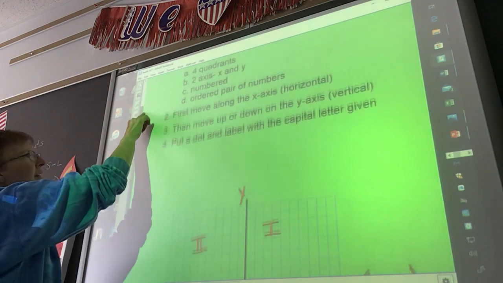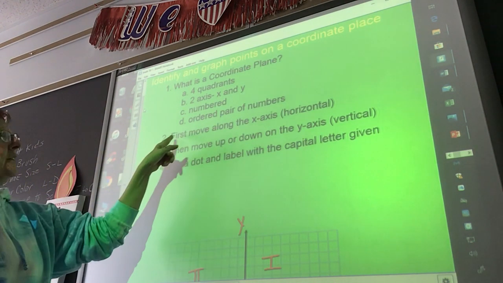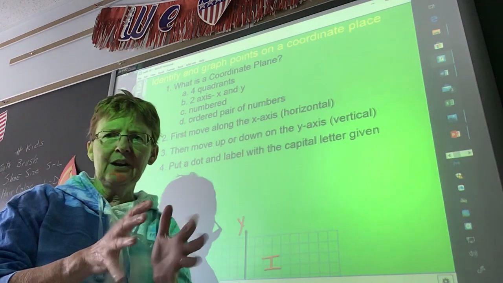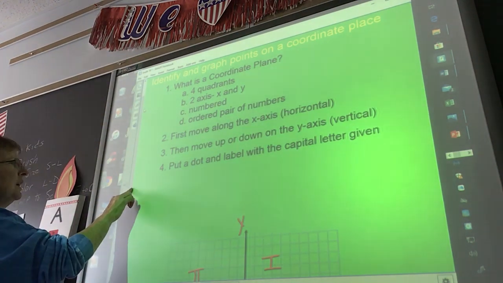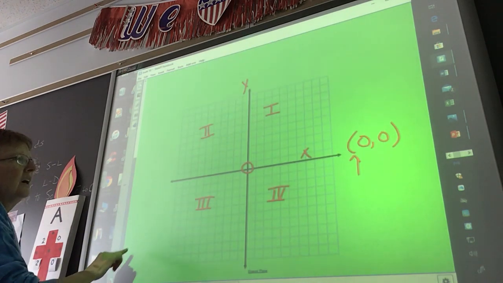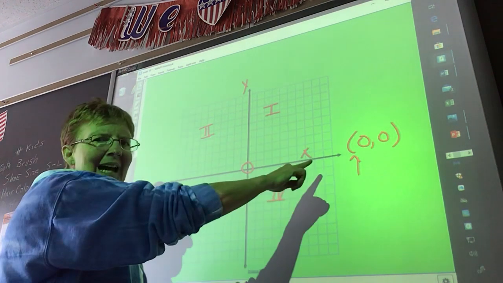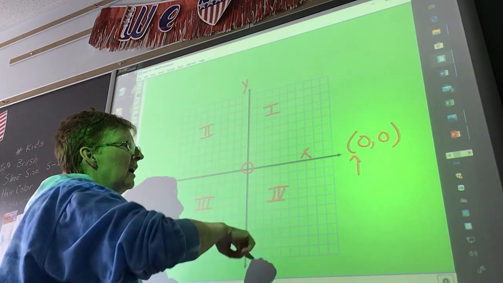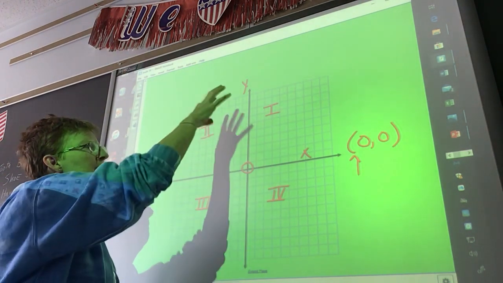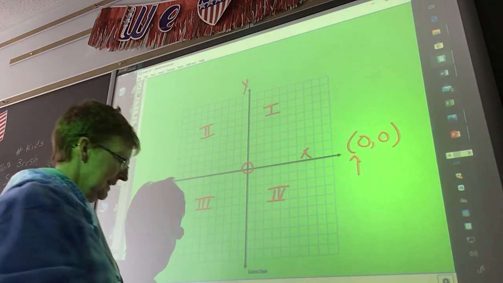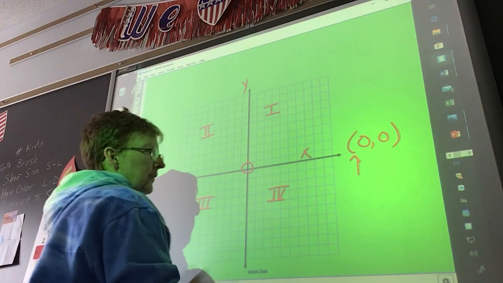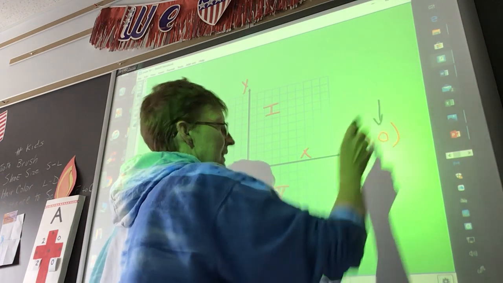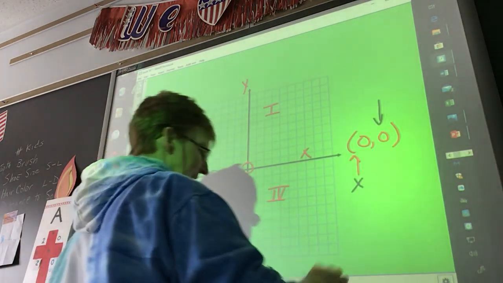Now I have that here, and the way that you work with your ordered pair is you go along the x-axis first, and then you go up or down based on the y-axis number. So this is the x-axis number, and this one is the y-axis number.